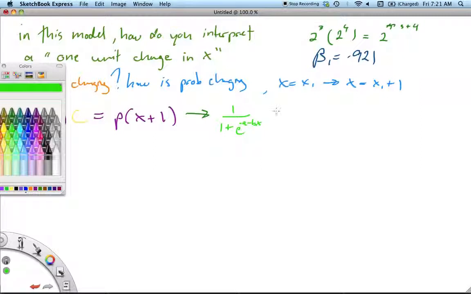We want this probability, maybe it's this probability, but the thing isn't linear in probability.